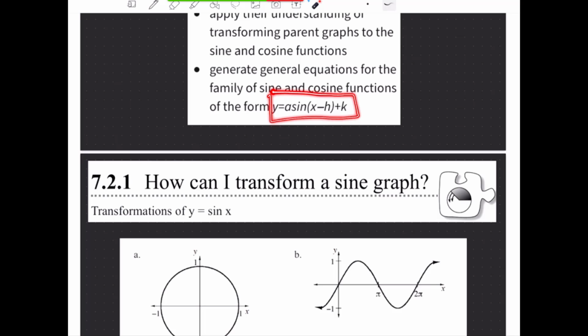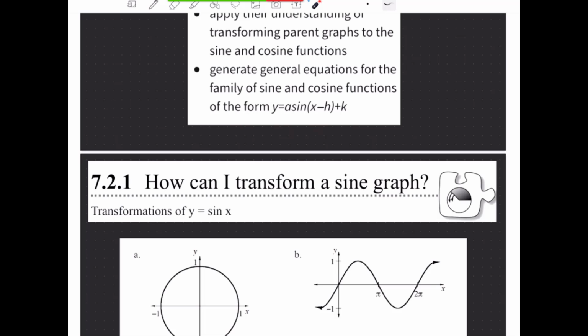Ultimately by the end, we'll be able to look at that a, and explain what a does to our sine function, what that h does to our sine, and what k does to our sine. Those all look familiar, don't they? Hopefully, like the graphing forms of those quadratics. And maybe it might work the same way. So you'll do a little exploration on that to find out.